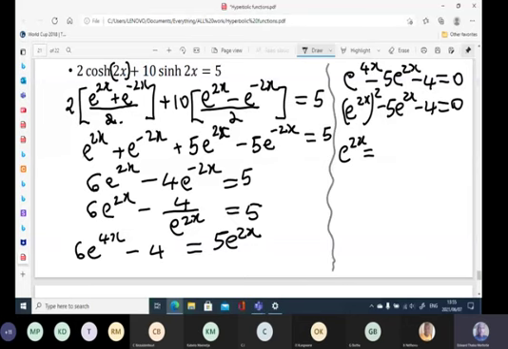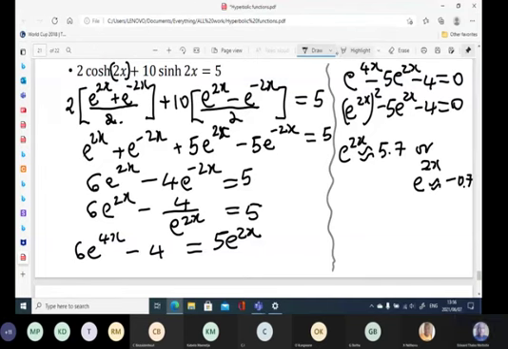So here I'm getting 5.7 for e to the power 2x, or e to the power 2x equivalent to minus 0.7 something. Because I didn't take all the values, it will be correct for me to write approximately, and you can write equal if you have taken all values.